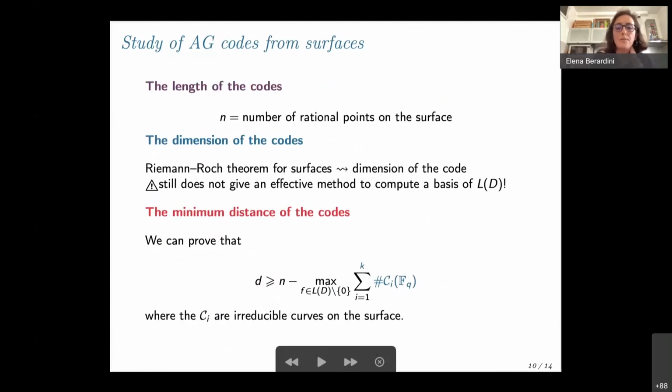We can say something about the dimension of the codes, because we can use the version of the Riemann-Roch theorem for surfaces and then bound the dimension of these codes.